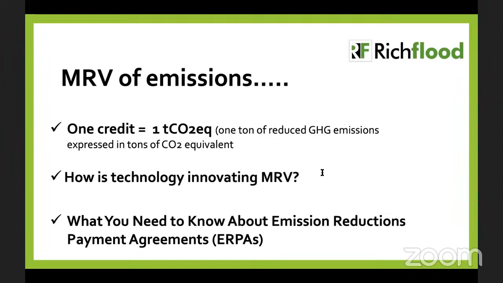There are many arrangements or agreements that the World Bank goes into with different governments and institutions, but this has to be results-based. An example is the one showing on the screen, the ERPA, that is the Emissions Reductions Payment Agreement.